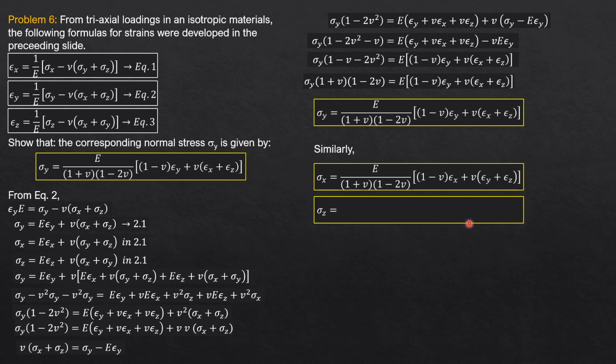And sigma z, we just copy this: (1 minus Poisson's ratio) strain along z plus Poisson's ratio times (strain x plus strain y). So that's it. We have shown that stress along y is really given by this formula for triaxial loadings.